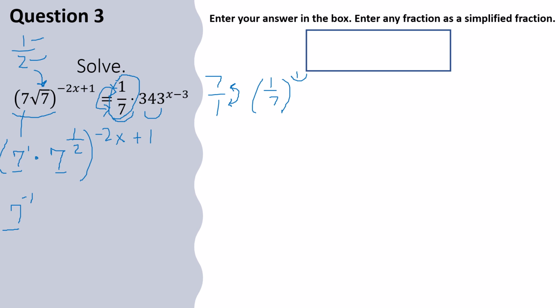Now, when we raise something to the first power, we just drop that off. So this is going to be 1/7. So 1/7 is 7 to the negative 1 power. Okay, now let's look at 343. Get your calculator out. 7 times 7 is 49. Times 7 is 343. So 343 we can write as 7 to the 3rd power.